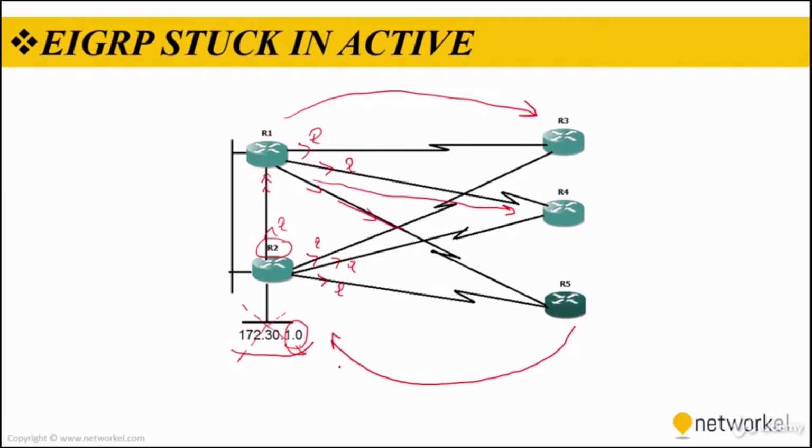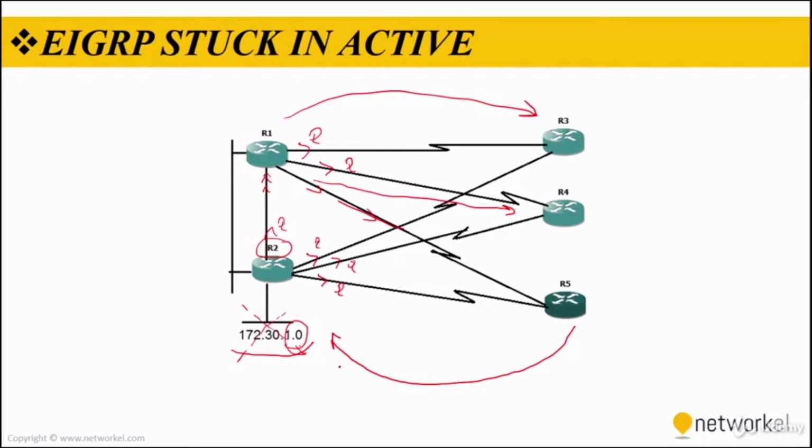And after 3 minutes, router 2 destroys all the neighbor relationships and reestablishes them. This process is known as stuck in active. To prevent this problem, we have two solution methods: EIGRP summary routes and EIGRP STUB.